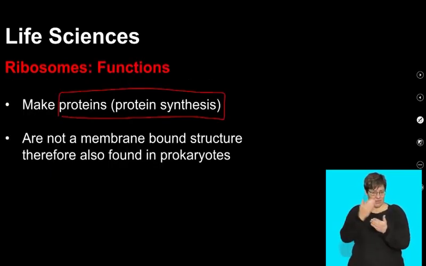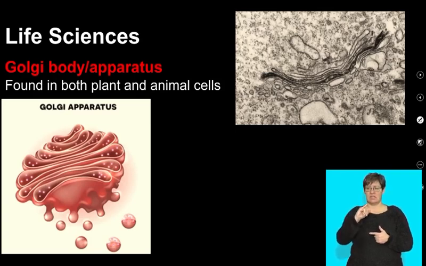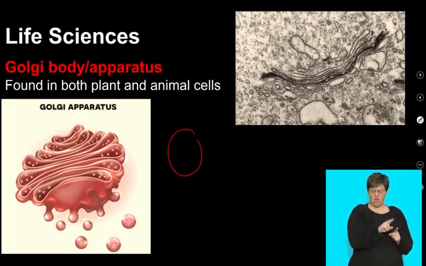Now, if I have a look at my next organelle, as I said to you, these three play a very important role with each other. The next one is called the Golgi body or the Golgi apparatus. You can use either. Now, very often, a lot of my students say, ma'am, we can't tell the difference between the endoplasmic reticulum and the Golgi body.